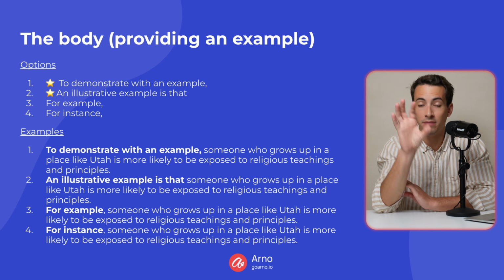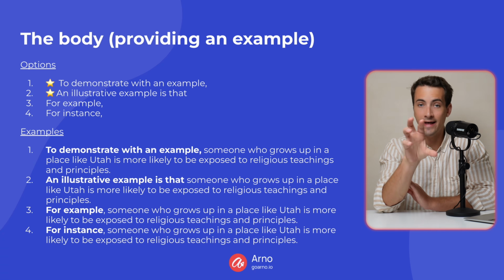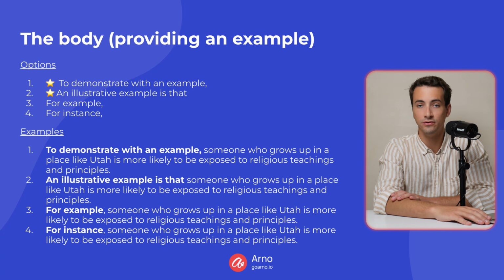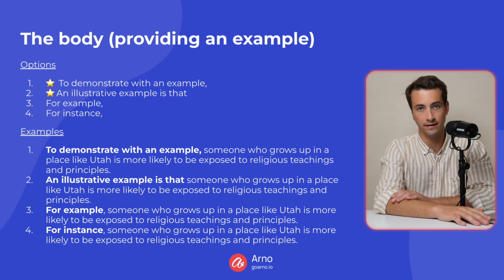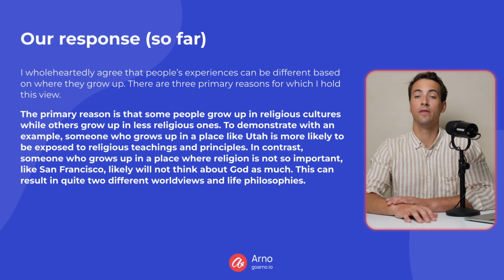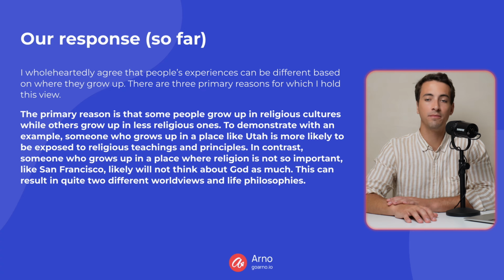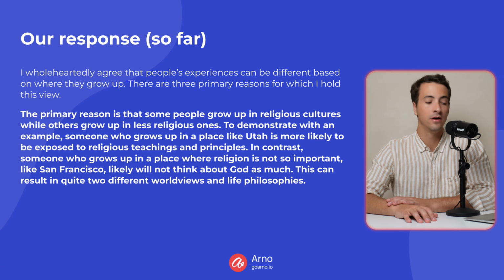So now we can combine our topic sentence and our sentence to introduce our example to construct the full paragraph, which could look like this. The primary reason is that some people grow up in religious cultures while others grow up in less religious ones.